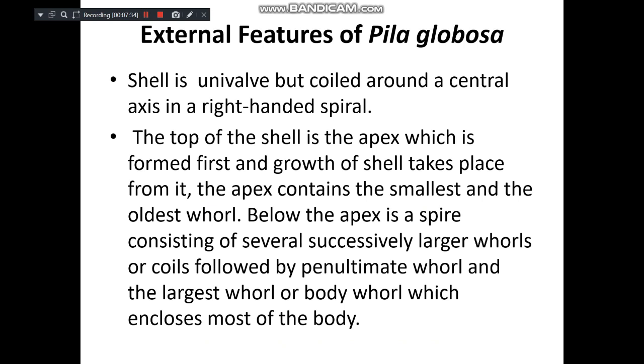If you want to know the external features of this Pila globosa, the shell is a univalve. That means it is made out of a single shell, but coiled around the central axis in a right-handed spiral.